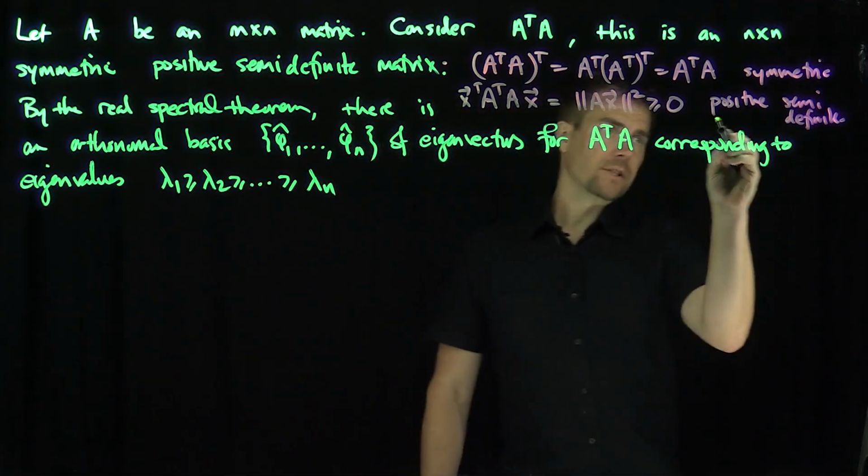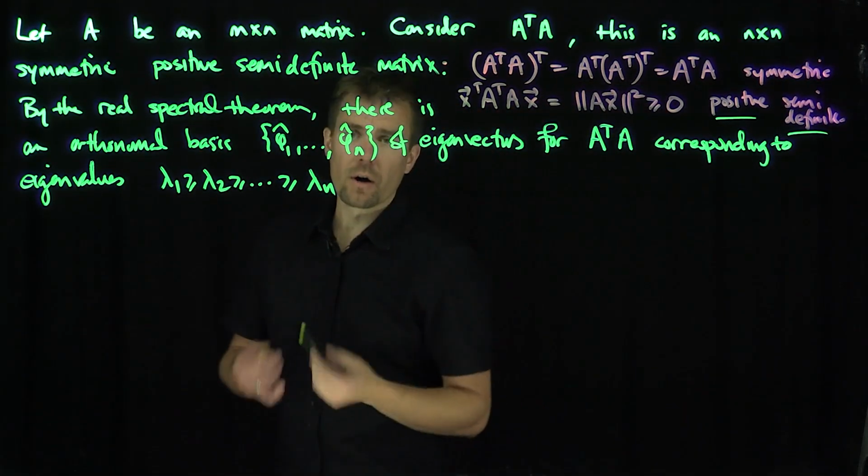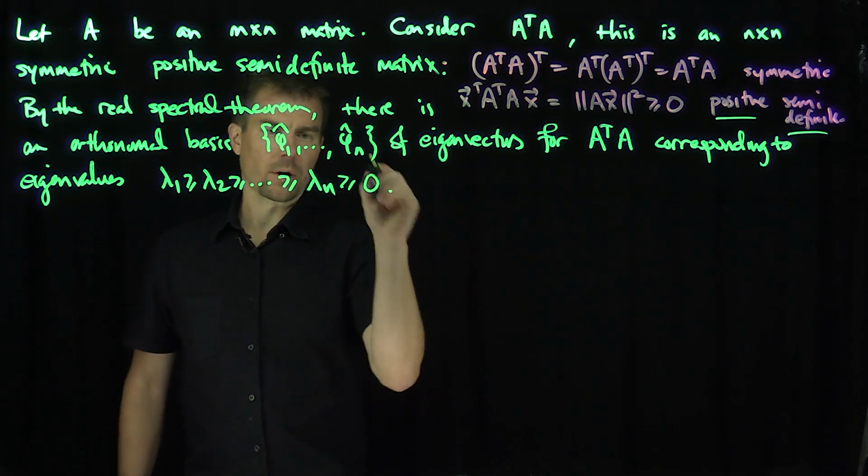Since the matrix is positive semi-definite, the eigenvalues are all non-negative, so these are all greater than or equal to 0.